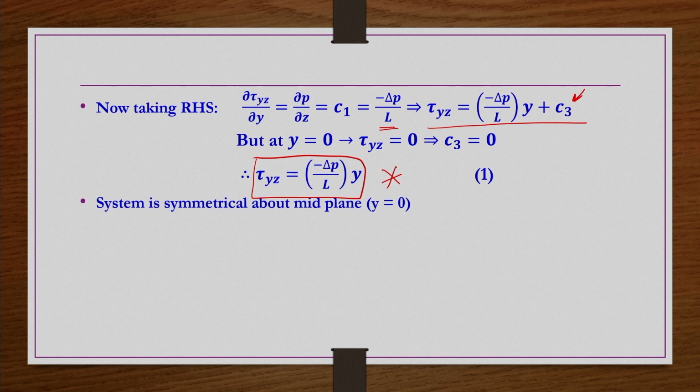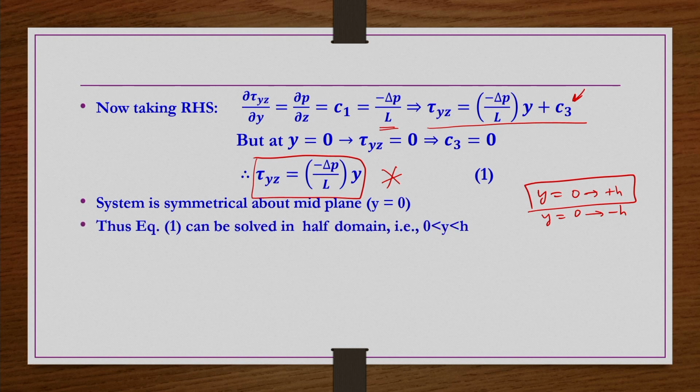Whatever flow is taking place between y equals 0 and y equals plus h, the same thing is taking place between y equals 0 and y equals minus h. So, in order to reduce the mathematical work, you can take the flow between y equals 0 and h and do the required simplifications.